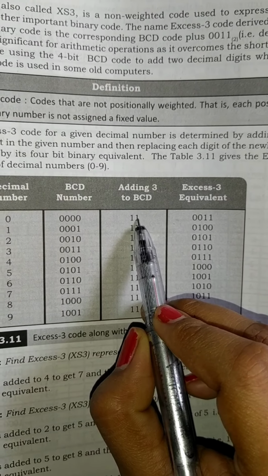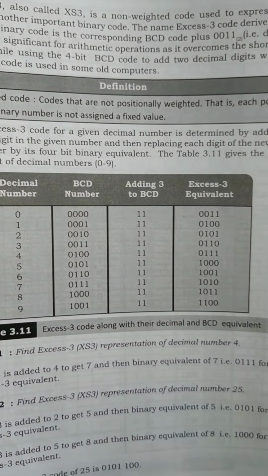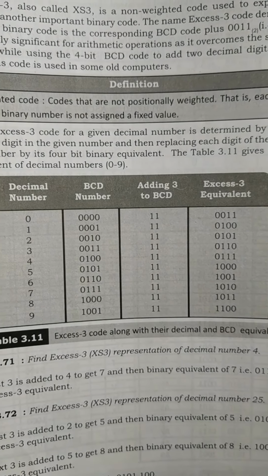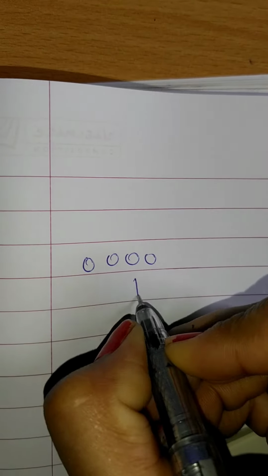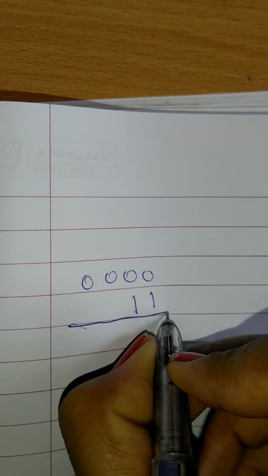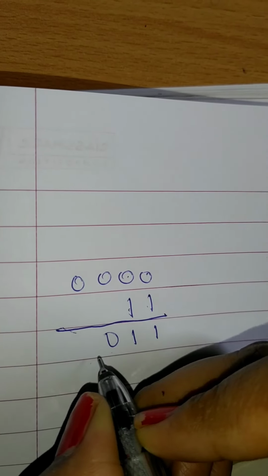Then we need to perform addition. So 0 0 0 0 along with 1 1. So you can see here 0 0 0 0, this is in order to represent 0. So I need to add 3 to this 0. So 0 + 1 becomes what? 1. 0 + 1 becomes 1, giving 0 0 1 1.